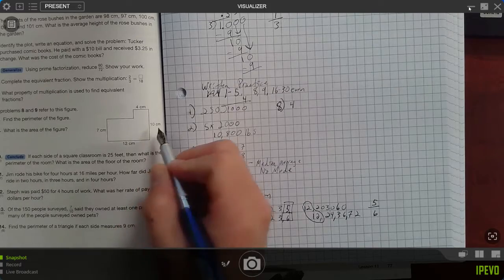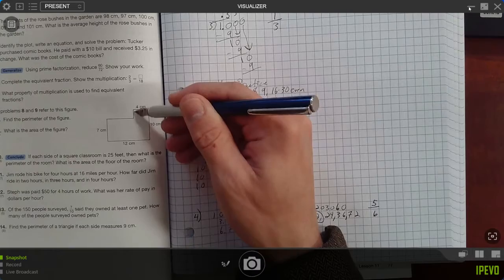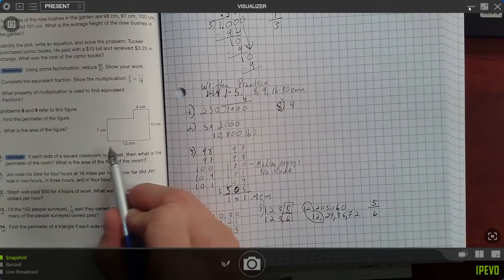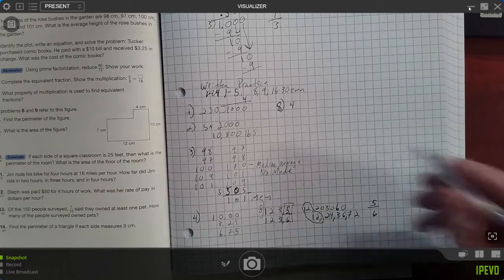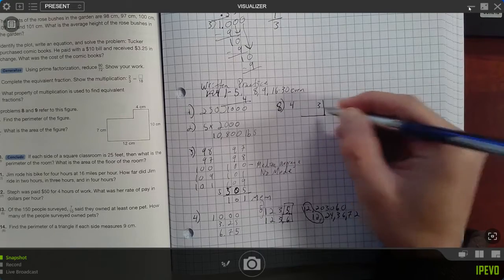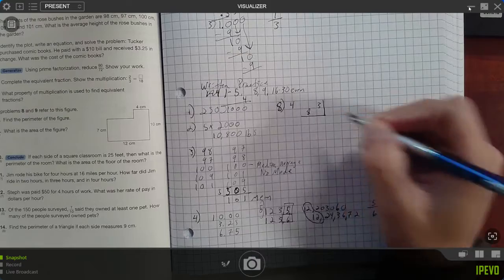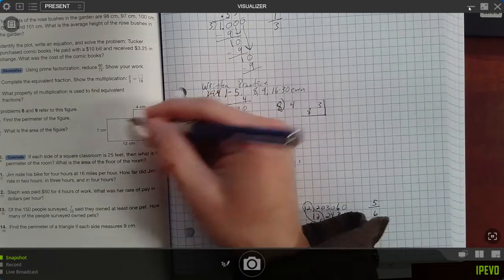Which means if this whole side is 10, then this side plus this side are also 10. And if this whole side is 12, then this side plus this side is 12, which means my space here is both 3 and 8. So that's 3 and that's 8.